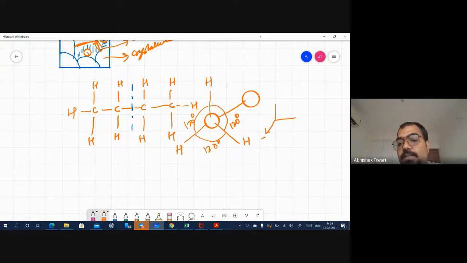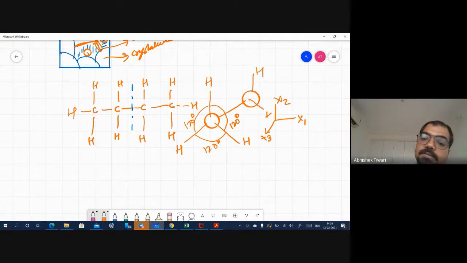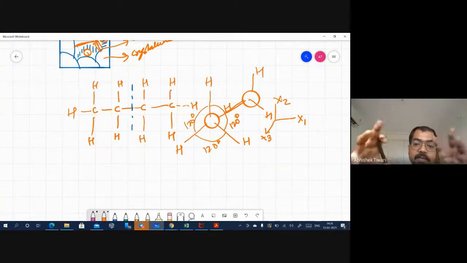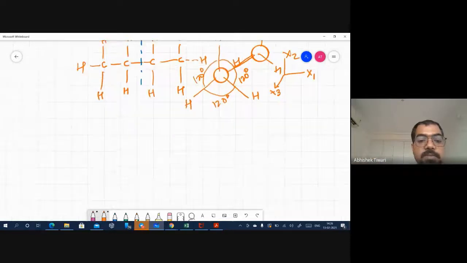So this is my x3 axis, this is x1, and that is x2. So again, this atom will also have hydrogen at 120 degrees, but these 2 atoms with hydrogen at 120 degrees can have a rotation also.